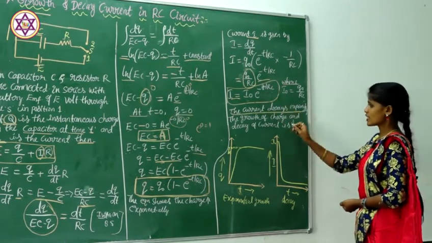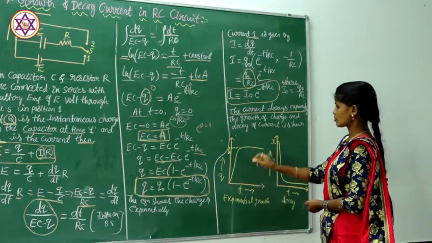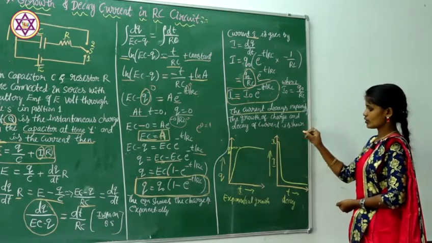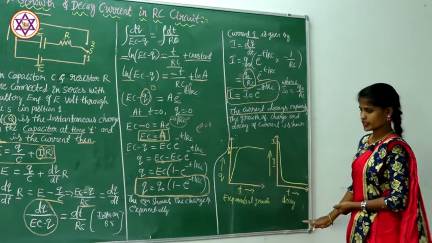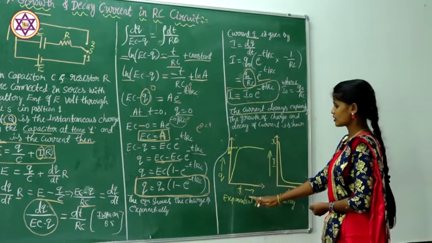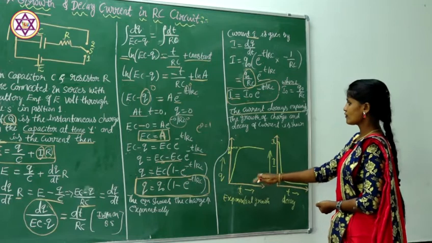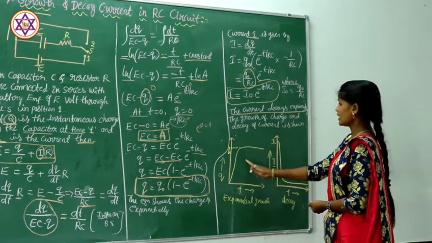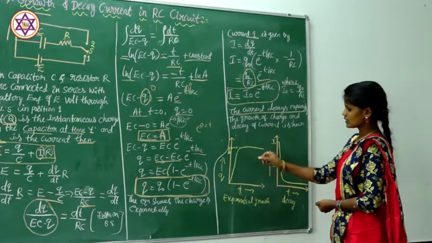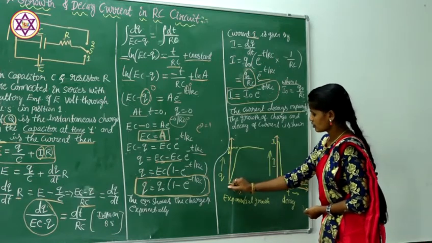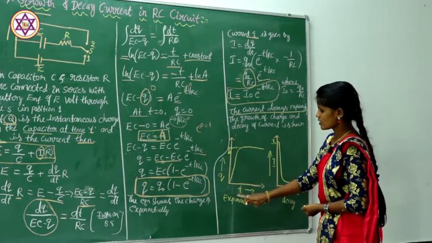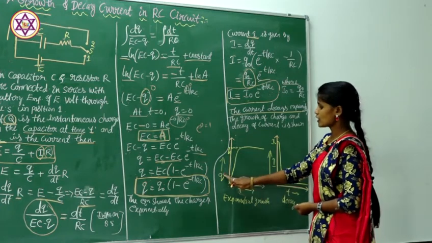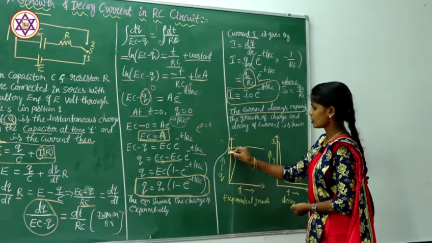The growth of charge and decay of current is shown in the graphical representation. This is a graphical representation of growth of charge and decay of current in RC circuit. Here is the x axis and y axis. The first graph is time versus q, where q means charge, and this is q naught.